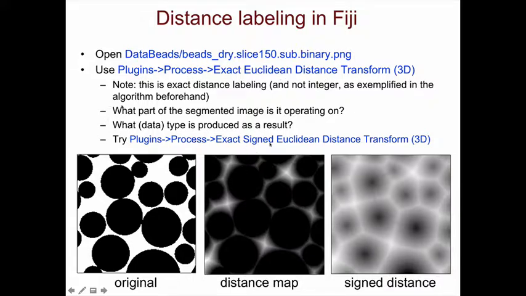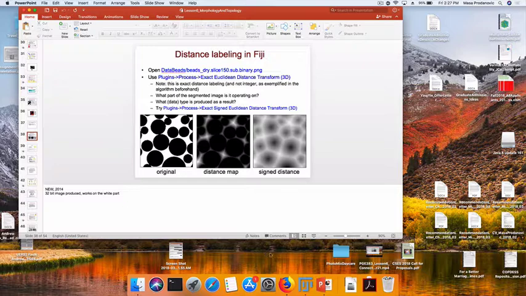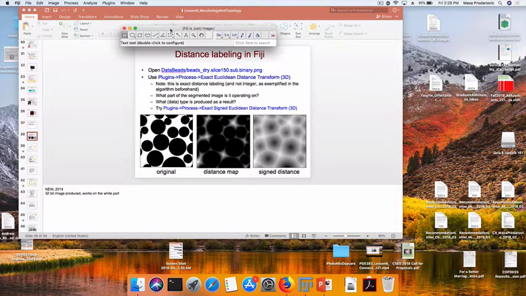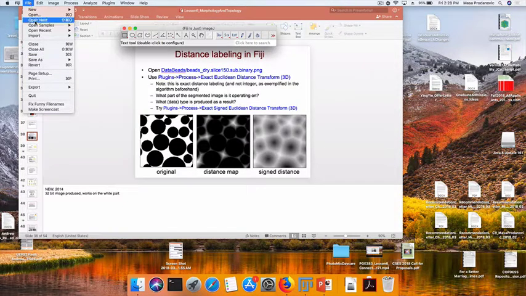Also, you could get a signed version of it as well. So this is not integer labeling. This is actually exact distance calculated as a real number. So you want to open.